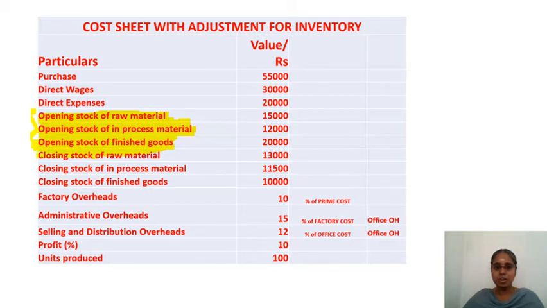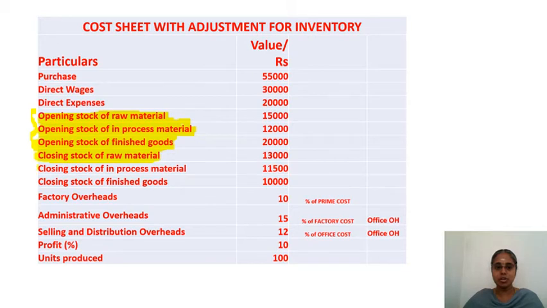Similarly, closing stock of raw material, again you will take the stock on 1st April if it is month data. The same closing data is the opening stock of raw material for April and the closing stock of raw material for March. Both are one and the same. Closing stock of raw material of March is equal to the opening stock of the next month.